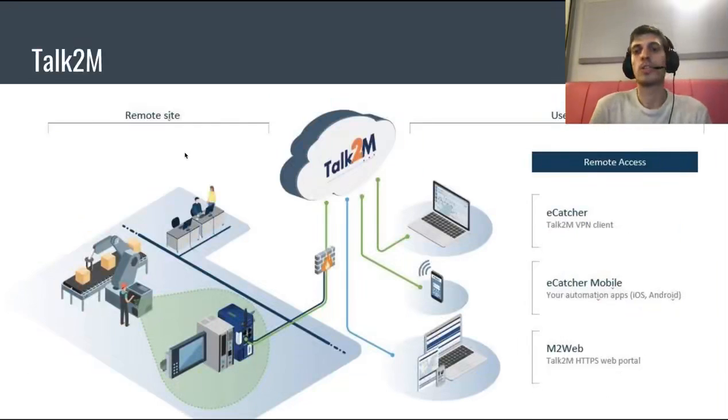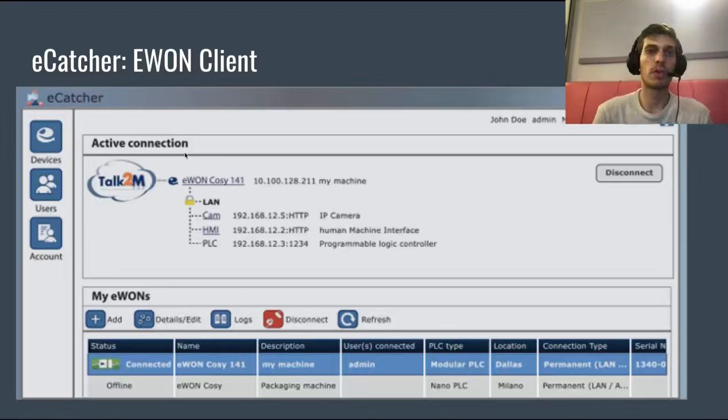And Talk2M is just the main server, the cloud server. And what connects to this cloud service is a program, the client named eCatcher. So again, we're focusing on clients, VPN clients. So we started to research eCatcher.